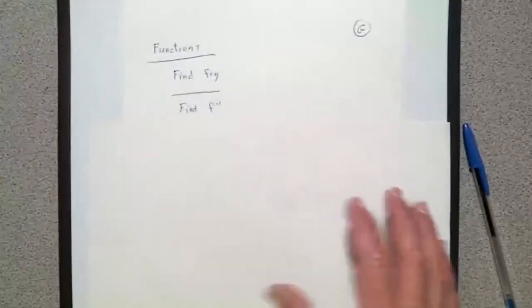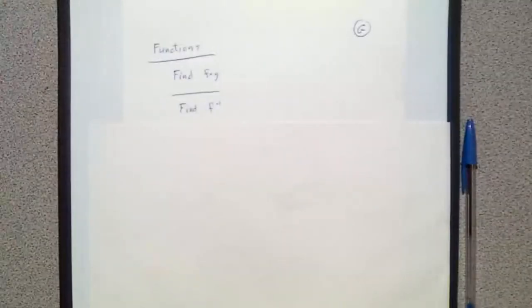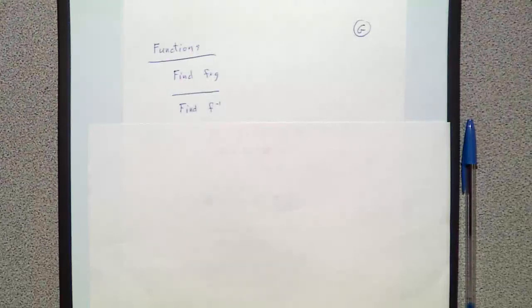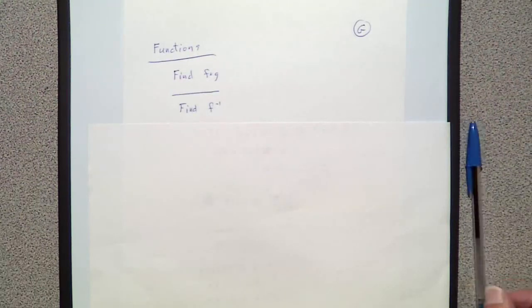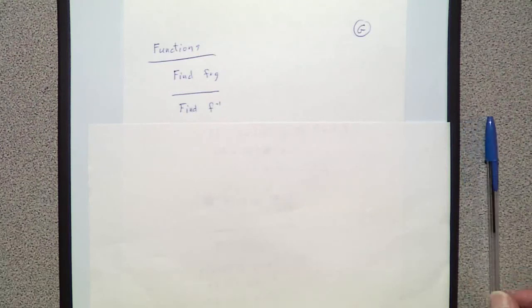So you should understand the concept of an abstract function and be able to think about the function, even if we don't know what it is. We don't have a formula. But given two functions, you should be able to find the composition in either order. That's pretty easy. There's an outside function and an inside function.